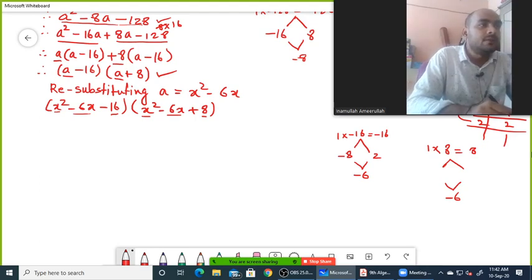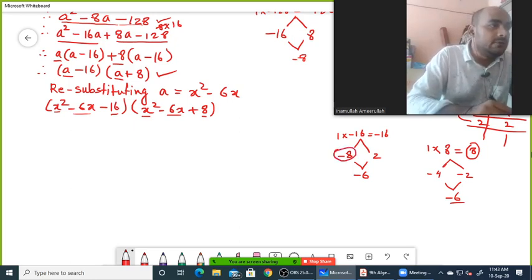Same way, for this arrangement, we need two factors of 8 whose sum should be minus 6. So 4 and 8... I can take negative 4 and negative 2. When we multiply two negative numbers, it will give a positive product, and when you add them, you will get a negative sum, that is minus 6. So these are two linear factors, that is minus 8 and 2.